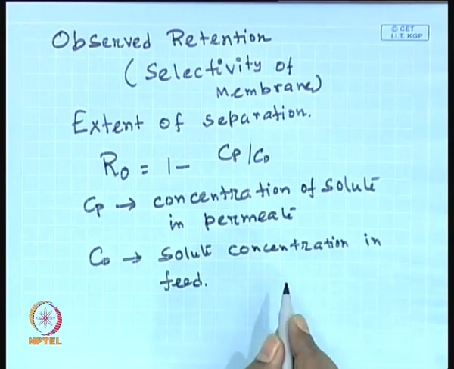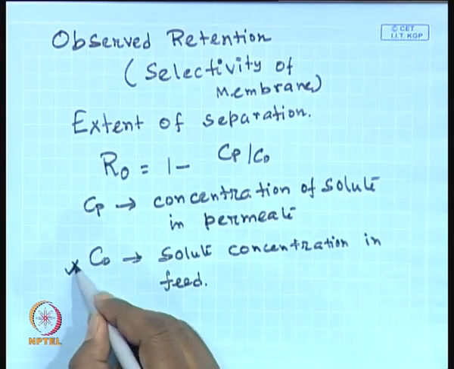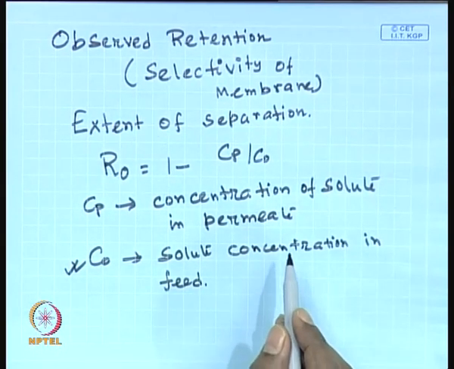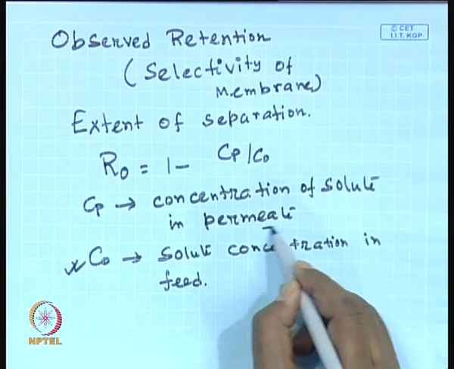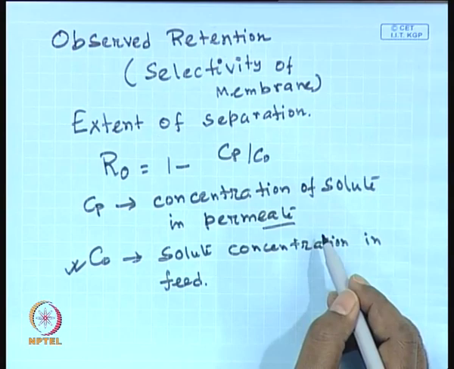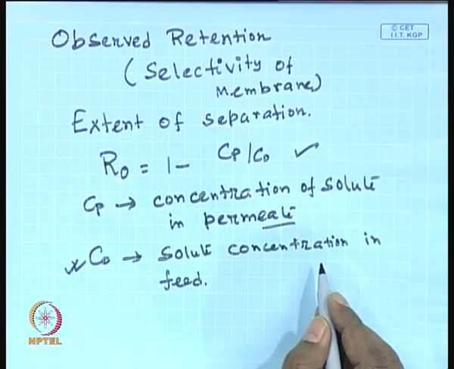So this gives directly the extent of separation. That means you know the concentration of the feed solution. You can experimentally measure it. You can run the experiment and get the permeate or the filtrate and measure the concentration of it, and you will be getting the Cp. So by using this definition, one can get the extent of separation.